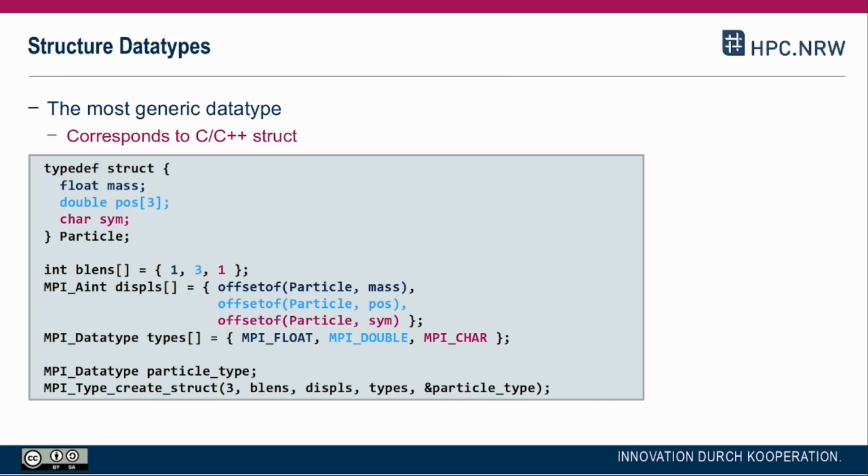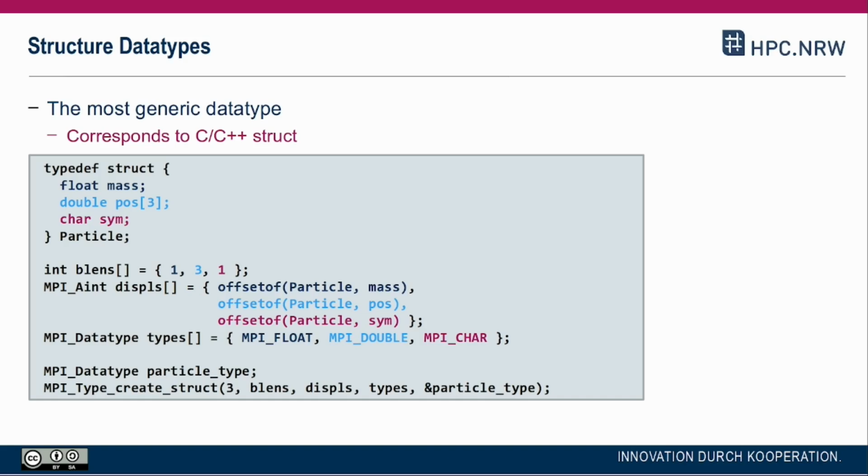In C, you can use the built-in offsetof to get the byte displacement of this element of the struct from the start of the struct. This is how you get the right displacements on your platform directly from the C compiler.